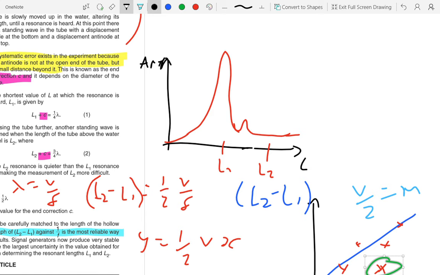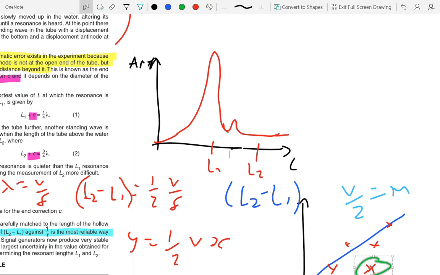And you calculate the difference between the two resonance points. That equals half of the wavelength. Use v equals frequency times wavelength to find that L2 minus L1 equals 1 over 2 v over f. And that's just going to be a graph of L2 minus L1 against 1 over f with a gradient of v over 2.